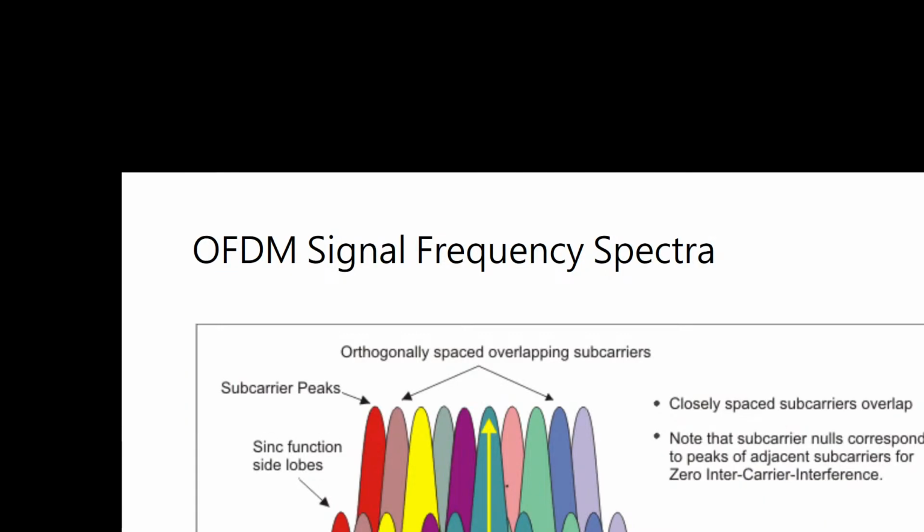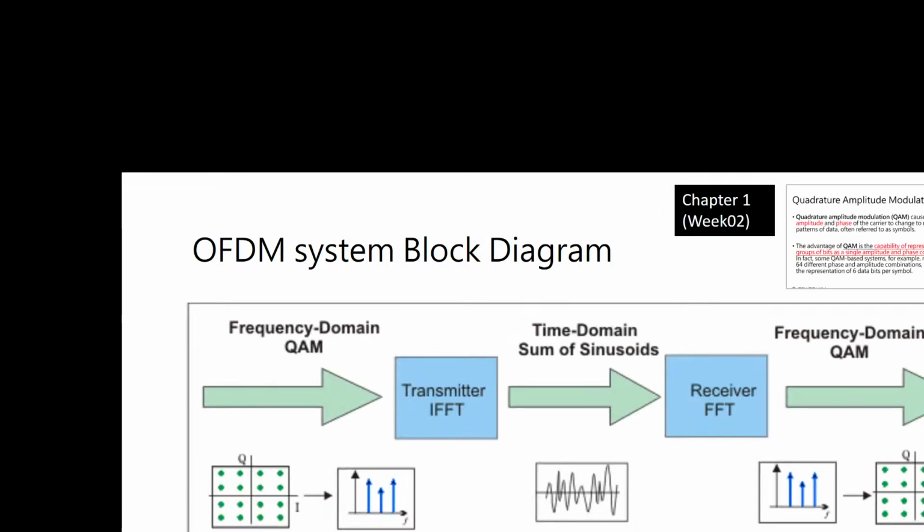So here you can see more clearly. There is a subcarrier peak, and the sinc function side lobes, and that's the subcarrier nodes. But how does it transmit the data?